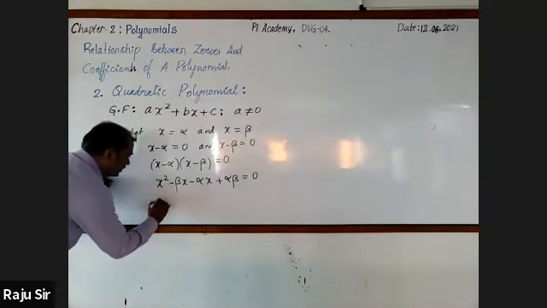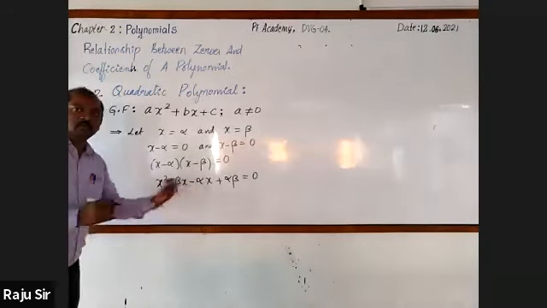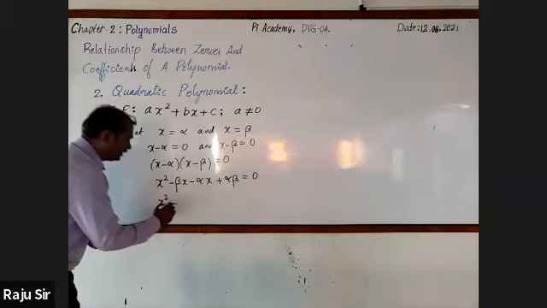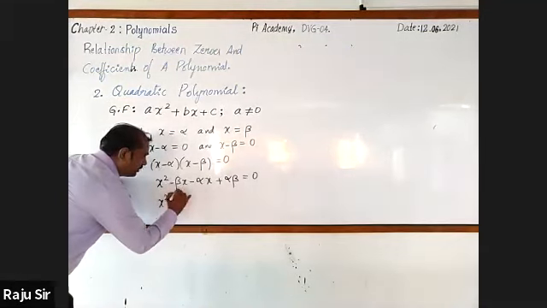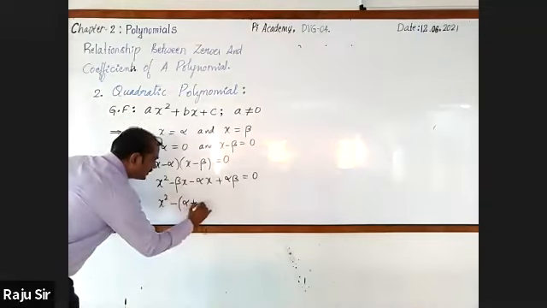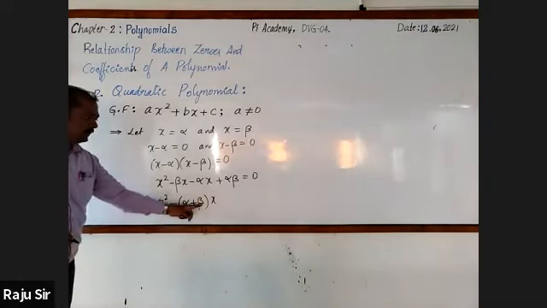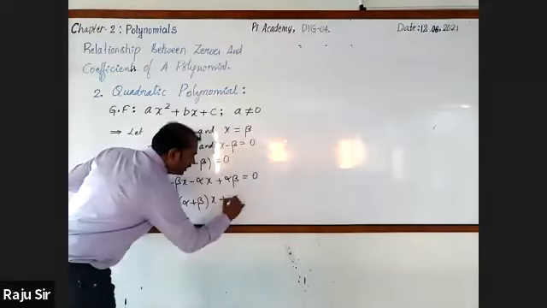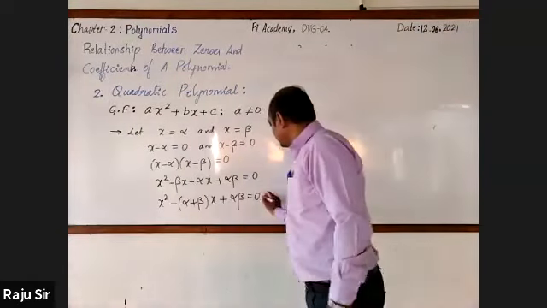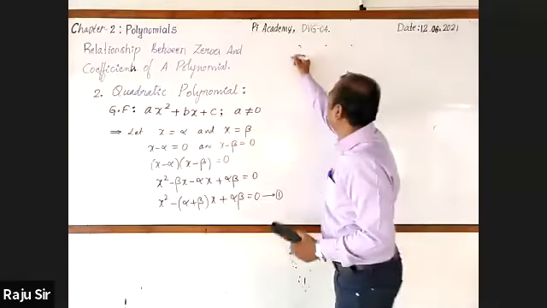Here, x square. In these two terms, x is a common factor. You may take out minus x as common factor. I'm writing it directly, my remaining term. Minus alpha x minus beta x can also be written as minus of alpha plus beta into x plus alpha beta. This is equal to 0. Call it statement or equation 1.